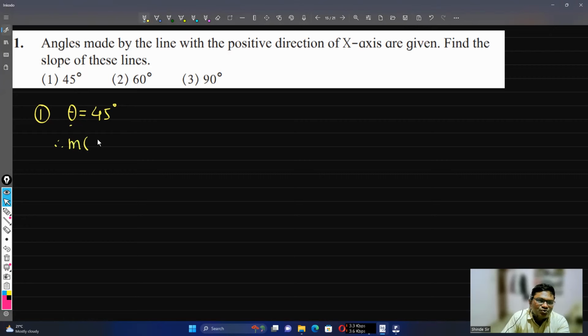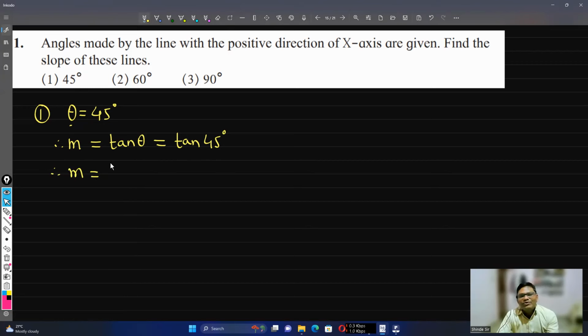Therefore, slope of the line, that is m, equals to tan theta, that is tan 45 degree. So value of tan 45 is always equal to 1. Therefore, slope of the first line is equal to 1, right?